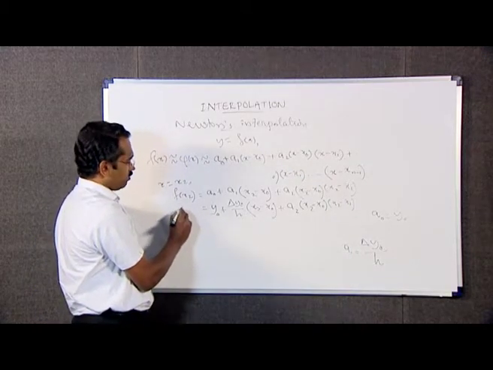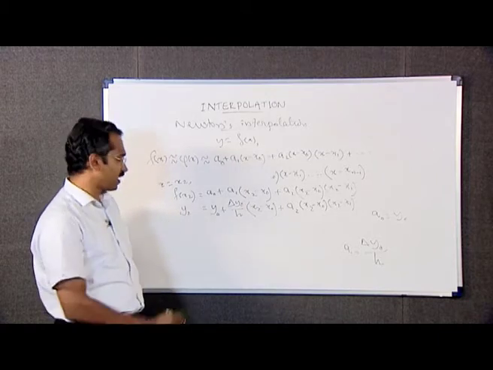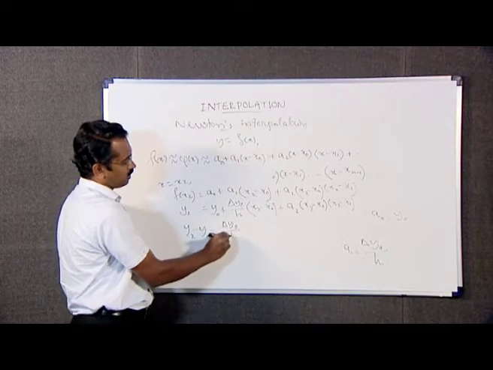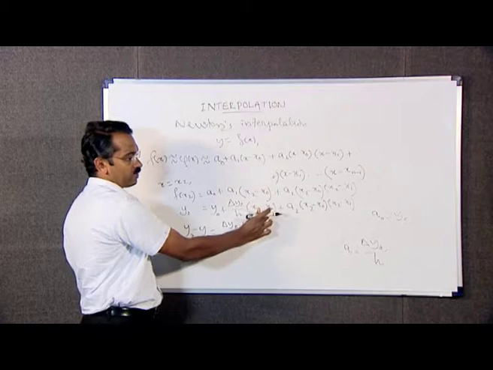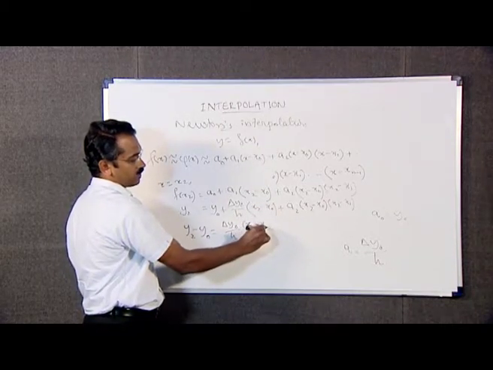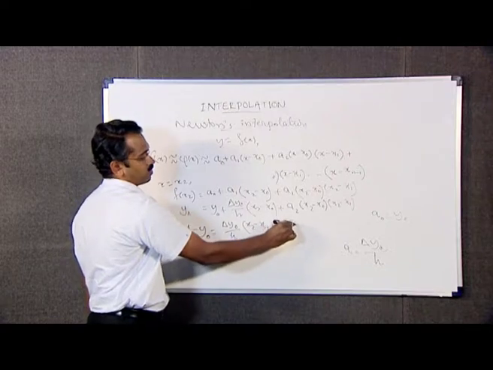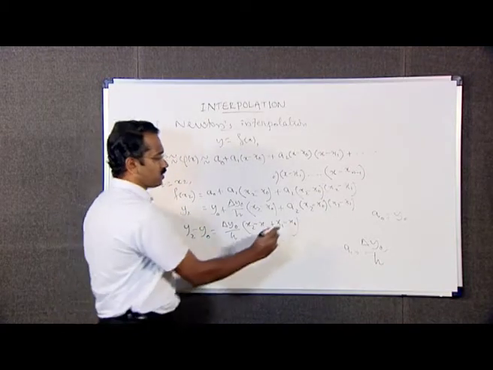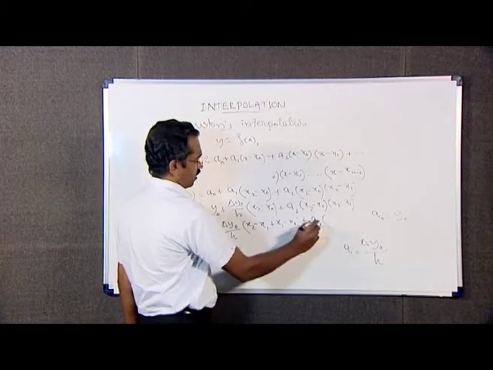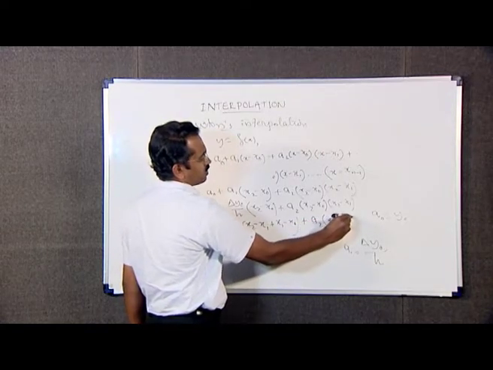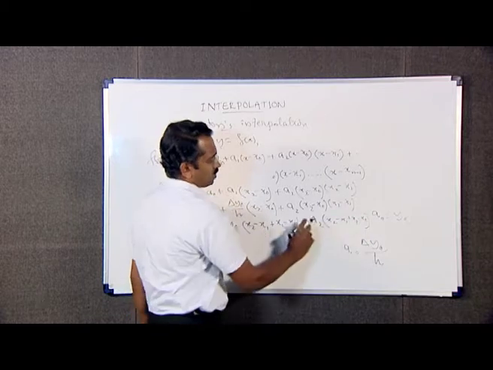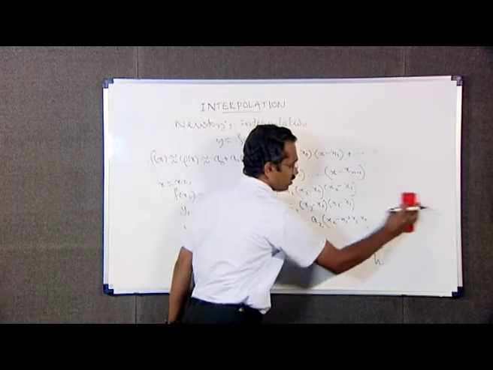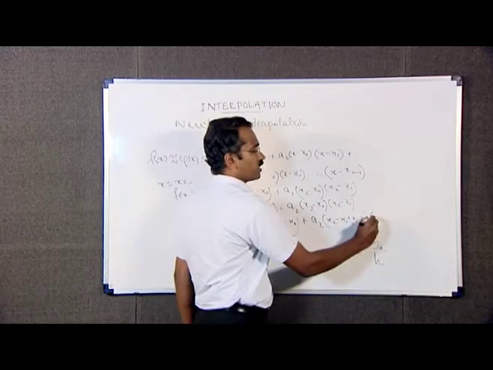F of x2 means y2, that is y2 minus y naught is equal to delta y naught divided by h into x2 minus x naught, which can be written as x2 minus x1 plus x1 minus x naught, that is we add and subtract x1, plus a2 into x2 minus x naught into x2 minus x1.